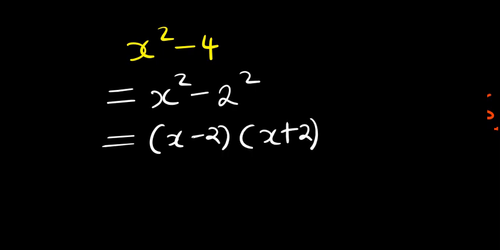So now I'm saying 4 is a perfect square because, if you take numbers from 1 to 9 and then you square them, the answers you're going to get are what we are calling perfect squares.